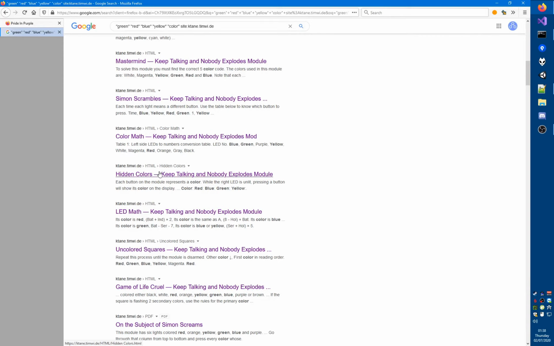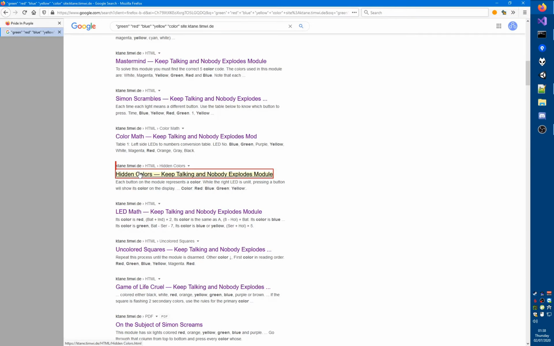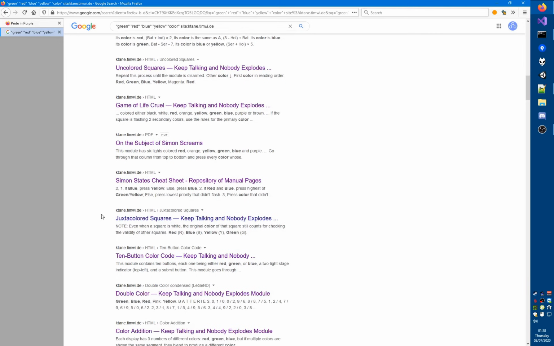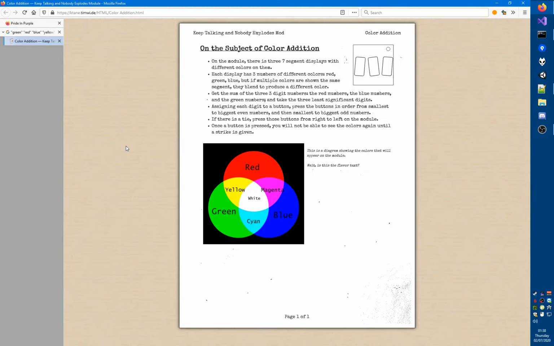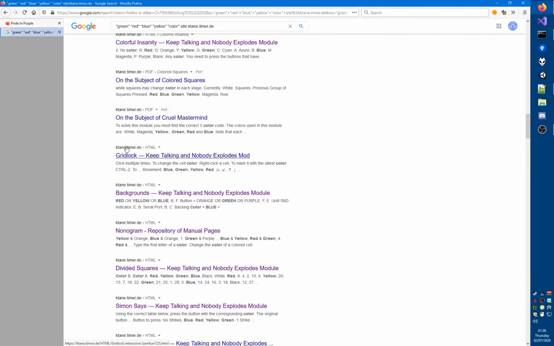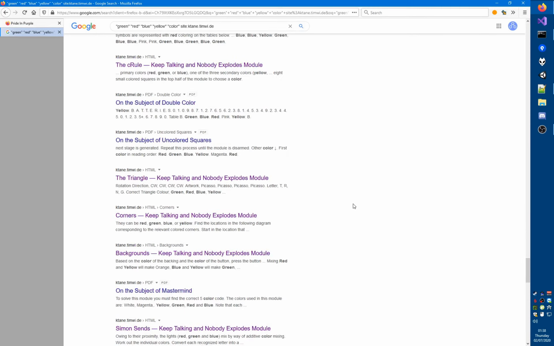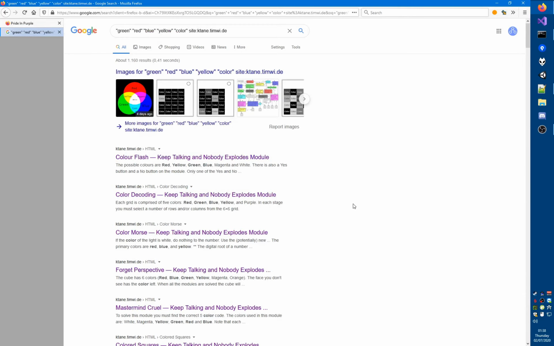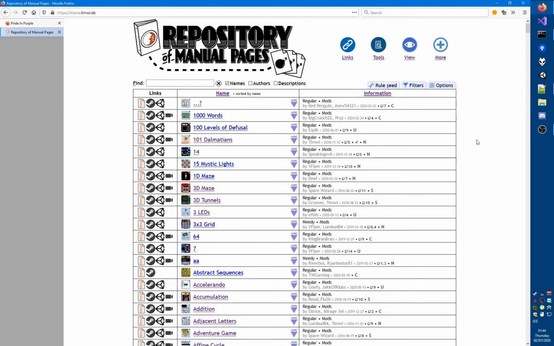Okay, Hidden Colors. I don't know this module. Okay, so I'm going to pause the video here and see if I can find out which other module has warm and cold colors. And we are back once again.